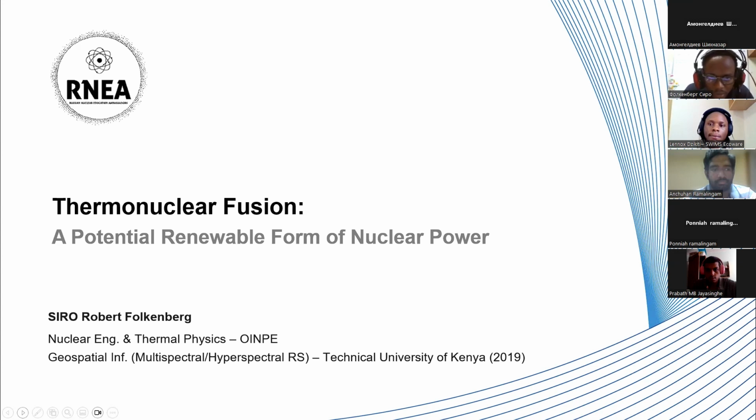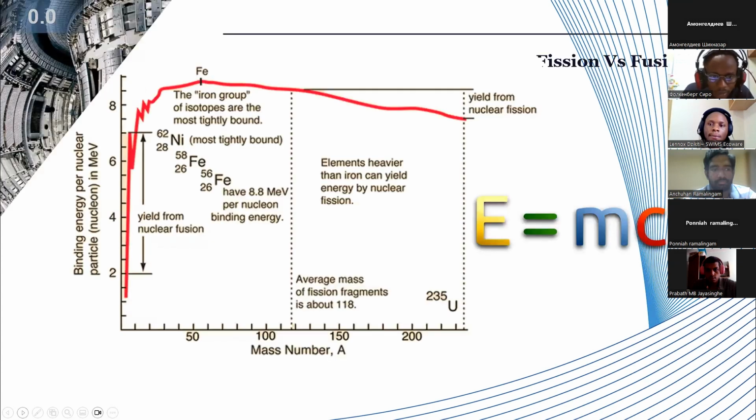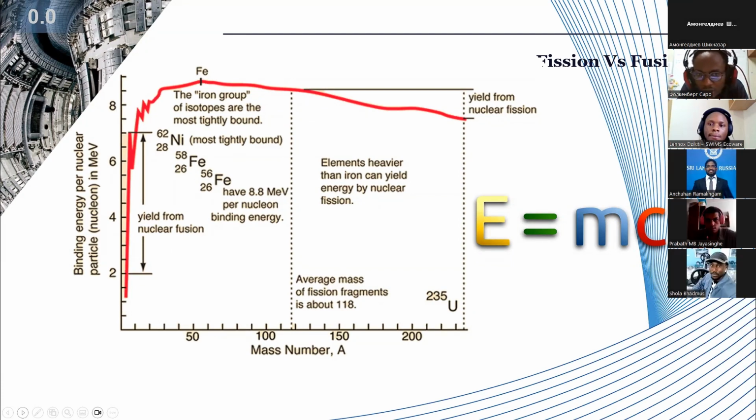So let's move on to the next slide, please. All right, so before we really get into the fusion aspect, I'd like us to understand the clear distinction between fission and fusion. The graph that you are seeing on the screen can be divided into three sections: light nuclides, heavy nuclides, and the iron group, constituting the tightly bound nuclides.